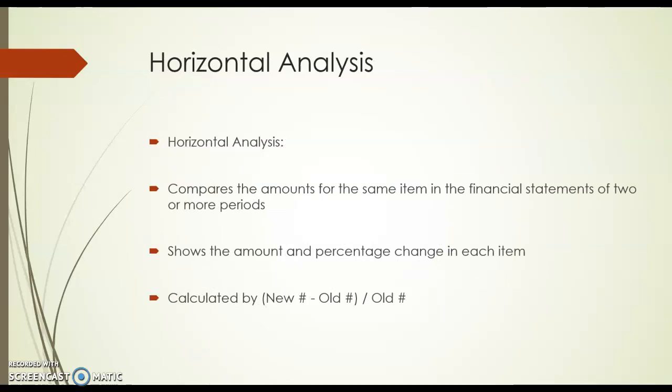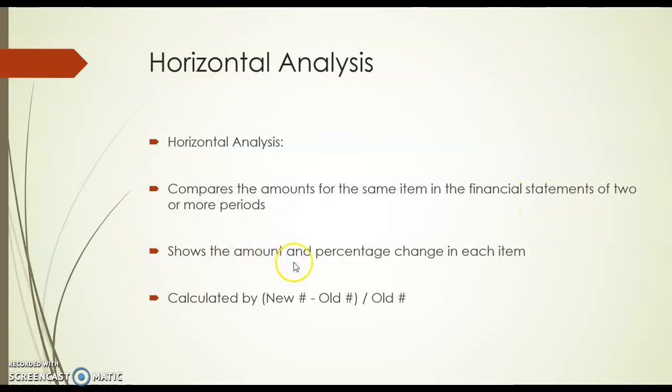Horizontal analysis, we saw in a previous PowerPoint how to do that. This is just a reiteration. Horizontal means crossways, and you're comparing from one year to the next, for the same item in the financial statements.